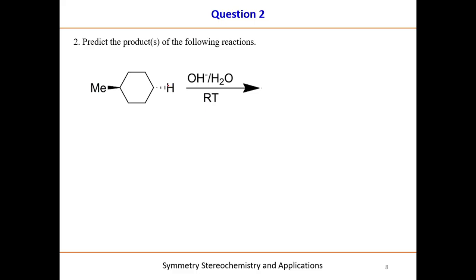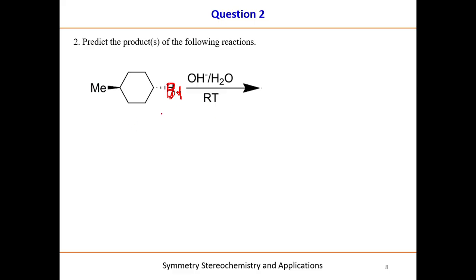This is not hydrogen, a mistake has been made here. It is halogen. Any halogen. Consider this one as any halogen. I am writing this one as Br. Consider it's Br, bromine.